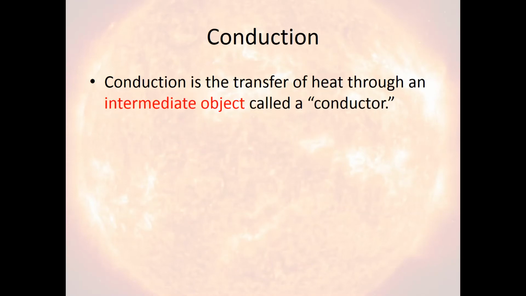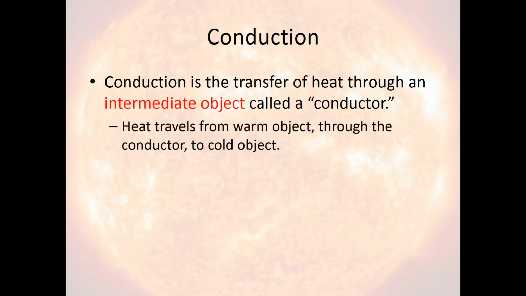Now, conduction is when heat transfers from one object to another object through a medium called a conductor, some intermediate object called a conductor. The intermediate object is usually a solid object, and heat travels from the warm object through the conductor to the cold object.